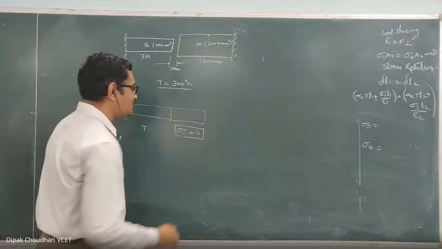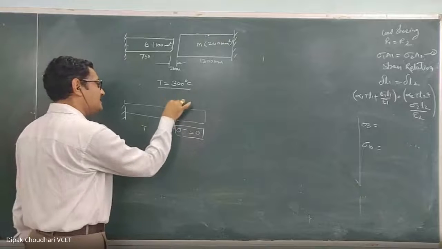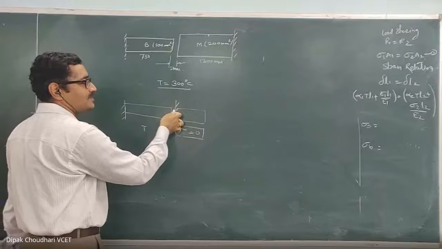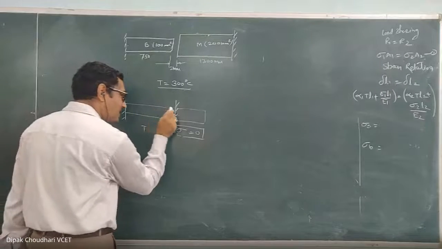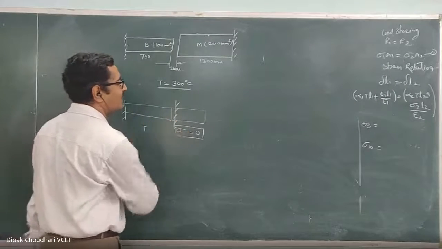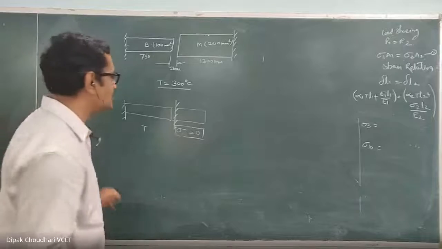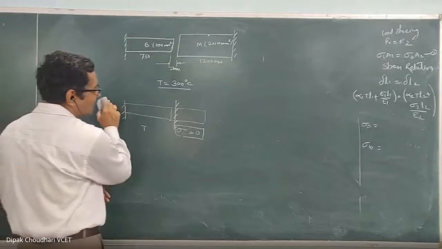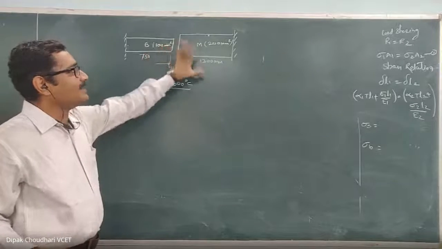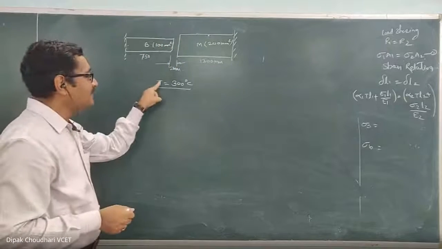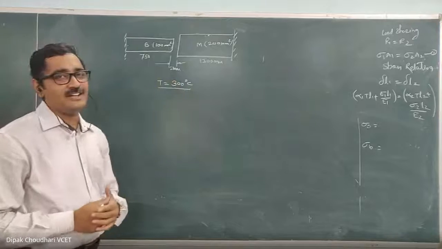Temperature stresses will be induced only when this free deformation is restricted, either completely or partially. In this final question, we have to calculate the stresses induced in these two materials when the change in temperature is 300 degrees Celsius.